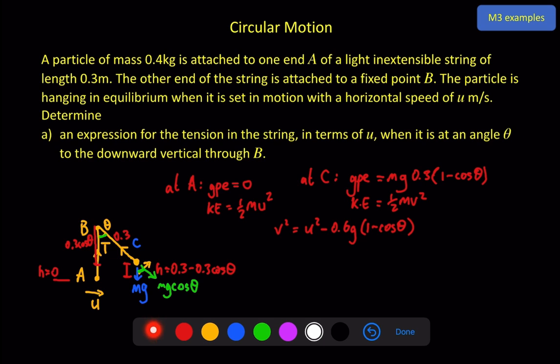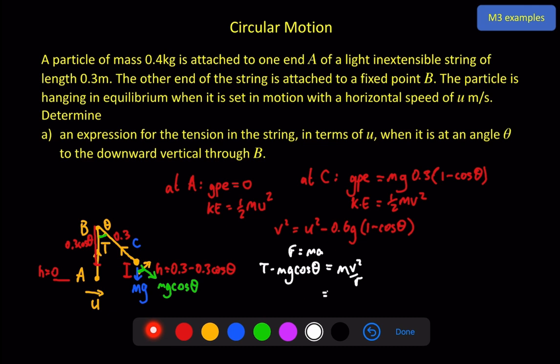So using F equals ma, my resultant force is T minus the component of the weight in that direction. Has to equal mass times acceleration, and I'm going to choose v squared over r because we've got v squared here as this expression. Substituting that into here is going to give me T with all this other stuff that I'll need to simplify if I can.